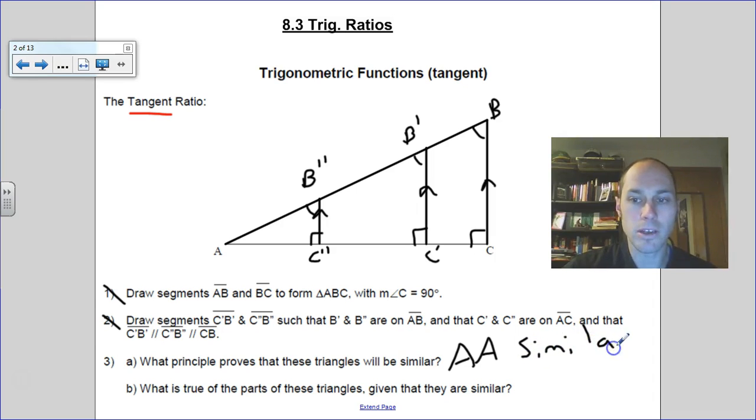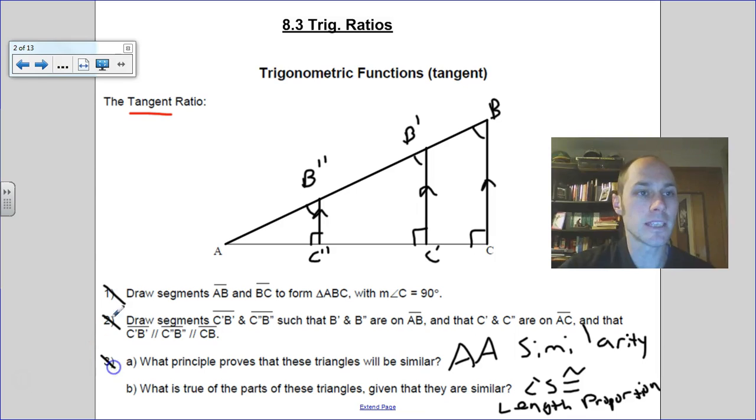What is true about the parts of these triangles? The angles will be congruent. What's true about the side lengths? Lengths should be proportional. So angles are congruent and lengths are proportional.